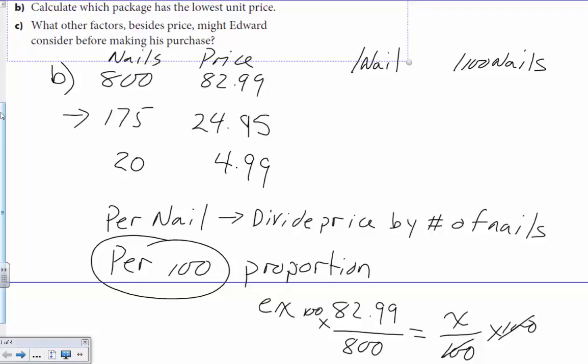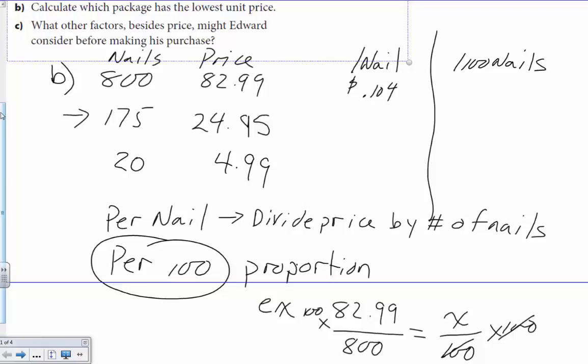The reason why it gets a little more confusing is because of that number right here. So what we'll do is we're going to do the per nail price for you. So all you have to do is take the price and divide it by the number of nails. So this is $0.104 because I did $82.99 divided by 800.